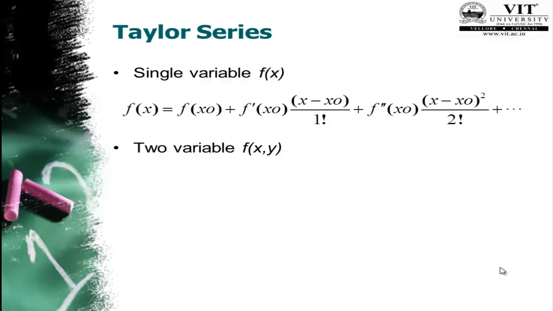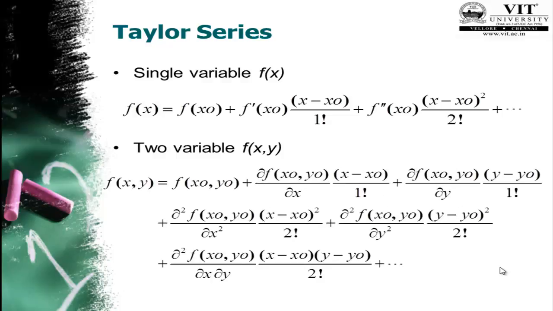If you have a nonlinear function where two variables are involved, let us say f of x comma y, and we are trying to approximate f of x comma y around x naught, y naught, then this is the Taylor series expansion for this nonlinear f of x comma y.